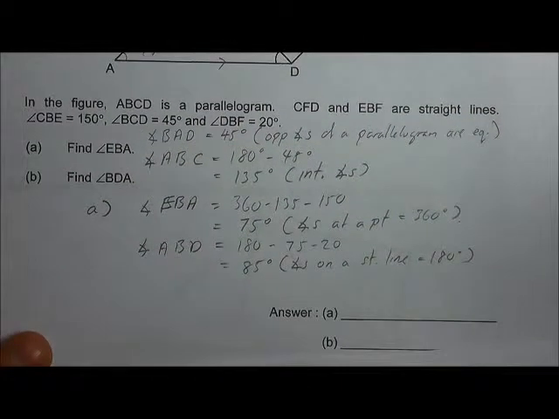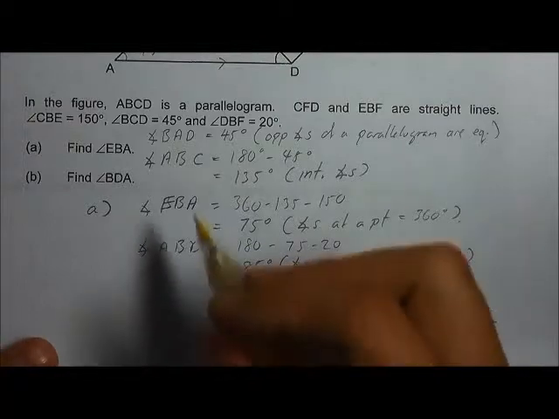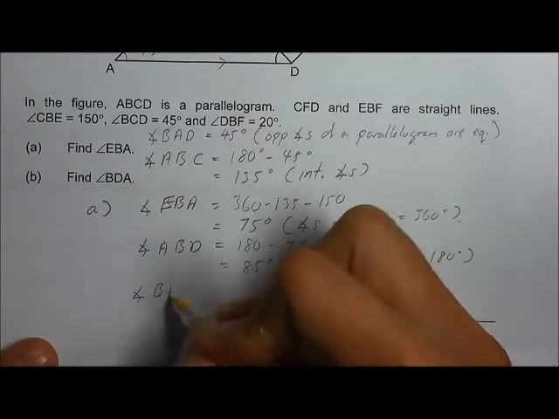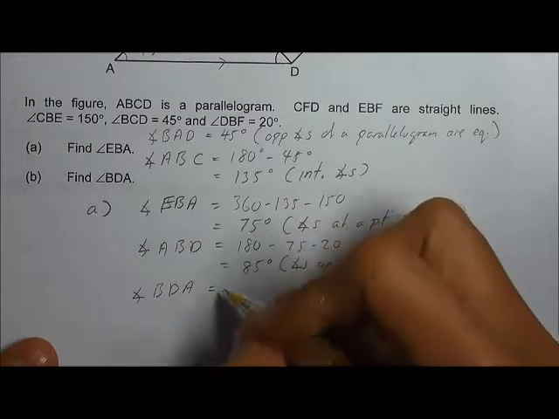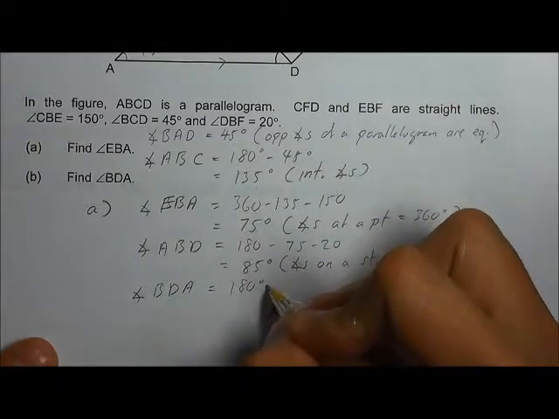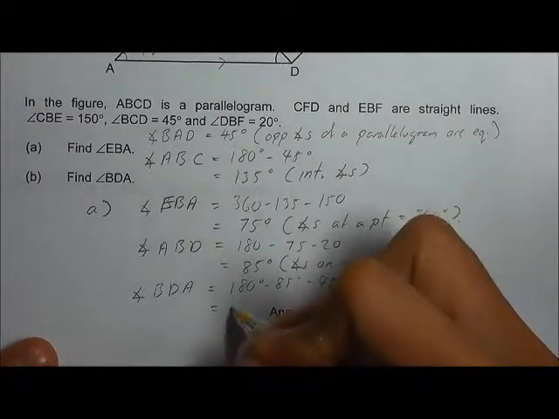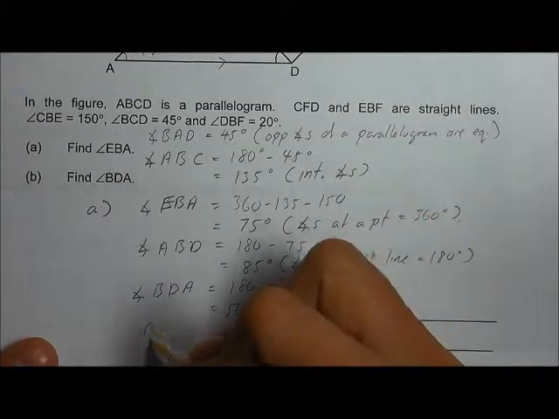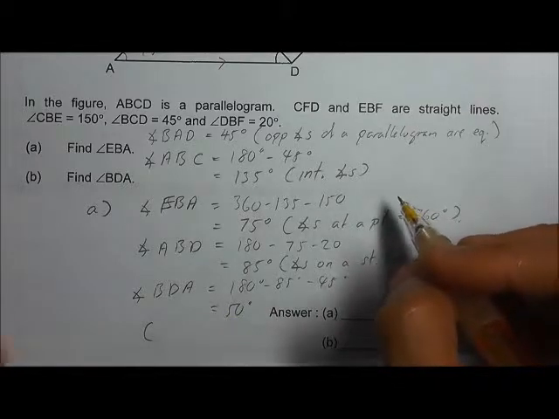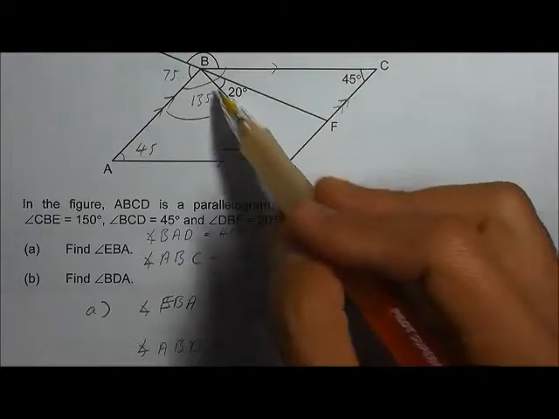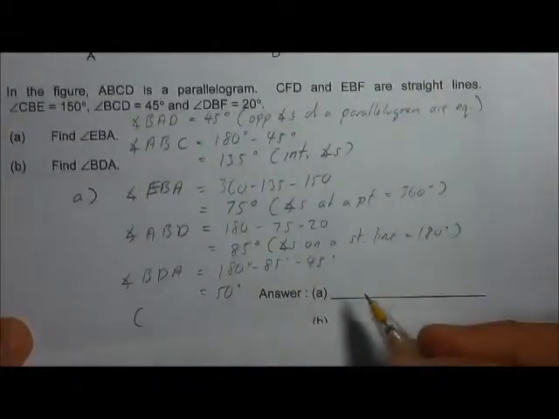Okay, next we can find angle BDA. Angle BDA is equal to 180 degrees minus 85 degrees minus 45 degrees. That will be 50 degrees, and the reason is because angles in a triangle equal 180 degrees.